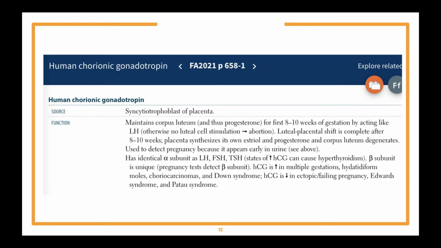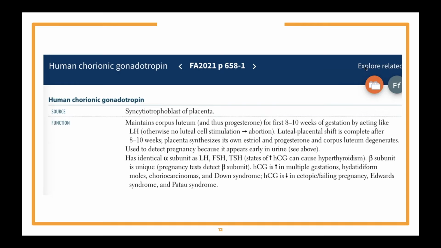And if a pregnancy occurs, the corpus luteum must be maintained so that it can continue to make that progesterone and continue to make that uterus lining really nice for that fertilized ovum. Okay? So to ensure that that corpus luteum is maintained in early pregnancy, beta HCG is secreted to maintain that corpus luteum.